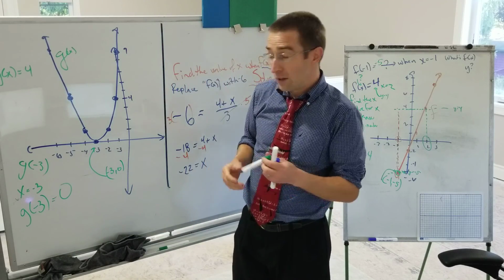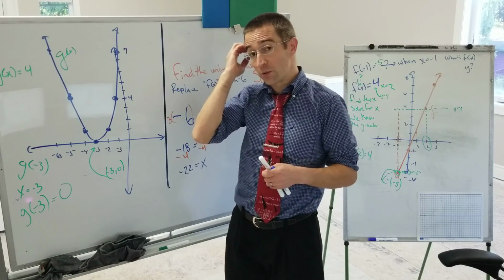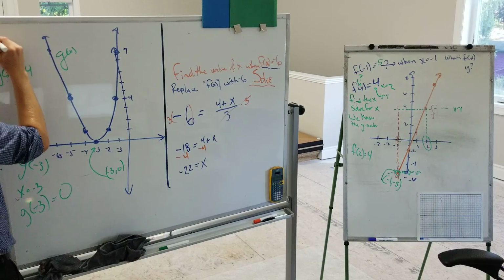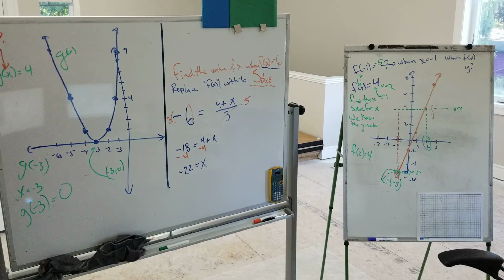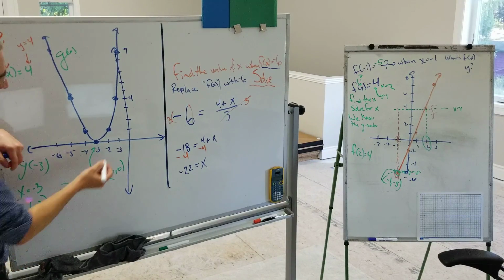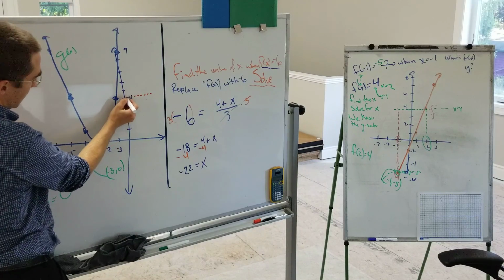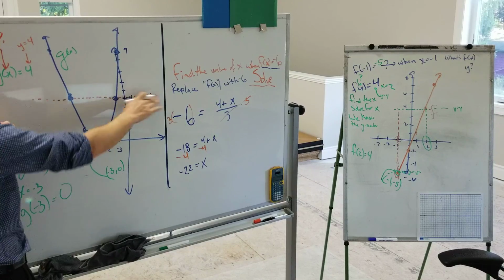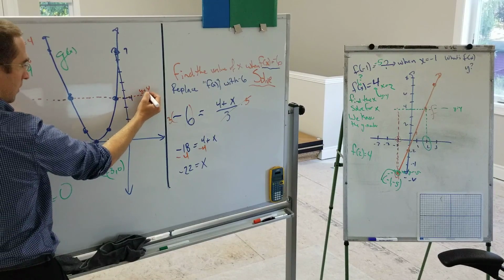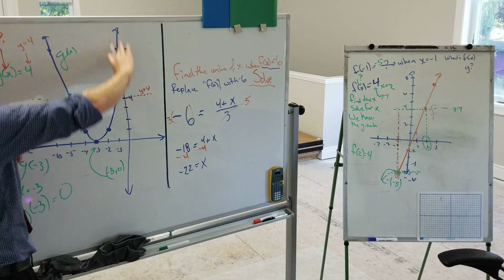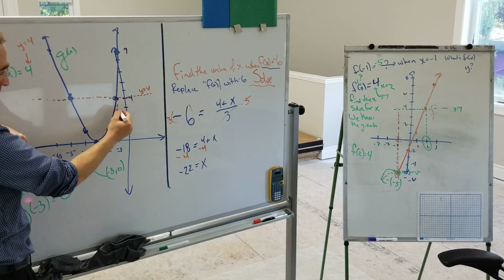All right, now we're going to look at g of x equals 4. So remember here, we don't know what x is, but we know y equals 4. So I go to my 4, y equals 4 right here, and I just draw a line. Everywhere here, y equals 4. So I ask, what x numbers on the graph give me y equals 4? And I get 2 of them.